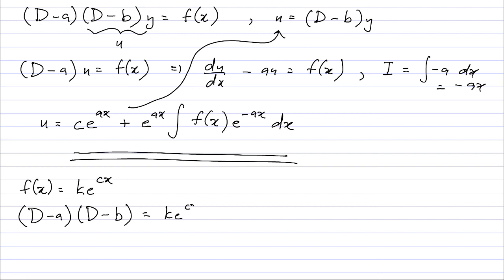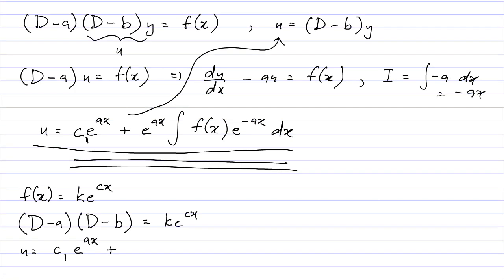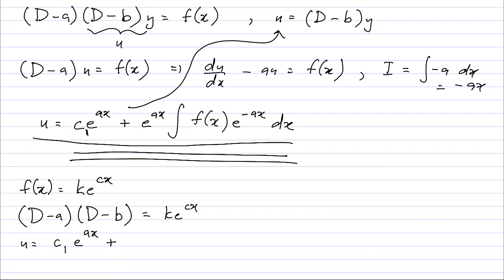Using this solution, u is equal to a constant, let me use c1 to avoid confusion, c1 e raised to power ax, plus e raised to power ax times the integral of k e raised to power cx times e raised to power minus ax, dx. That's what I have.